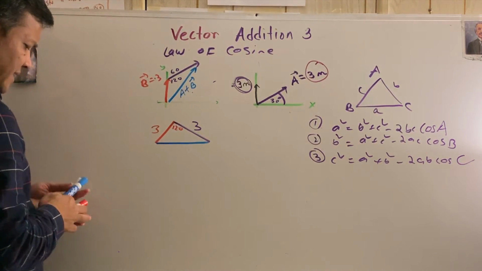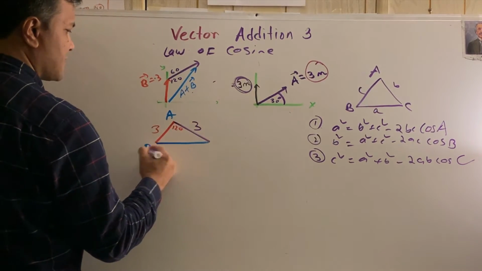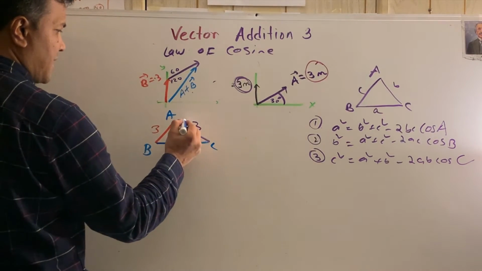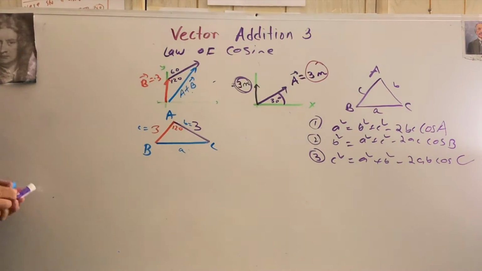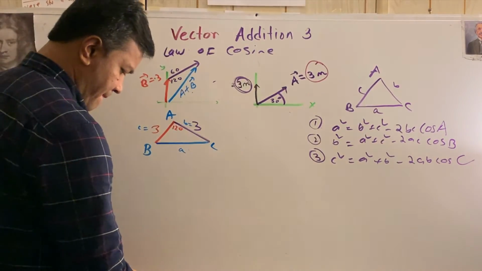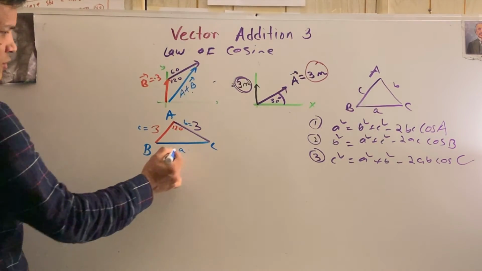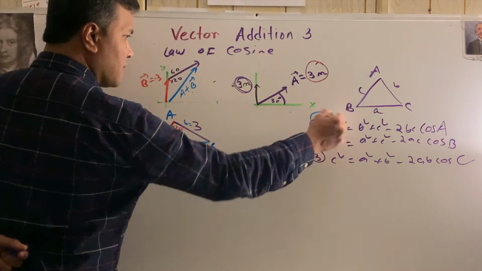So let's call this one A, this one B, and this one C. Then this is small a, this is small b, and this is small c. Alright, so I want to know a. So then let's use this formula.